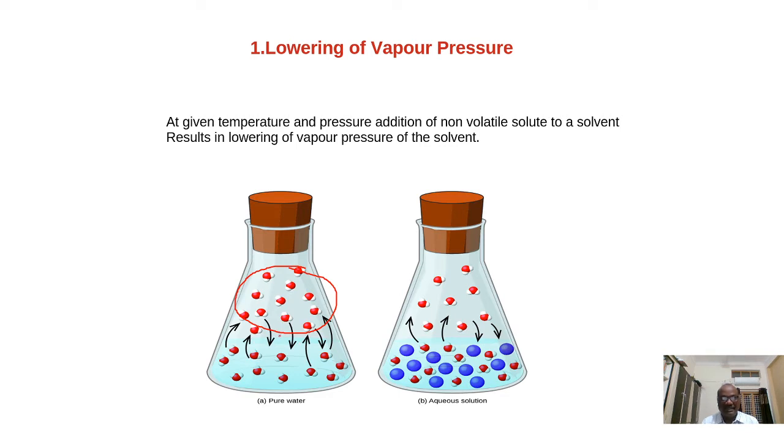What is the meaning of liquid-vapor equilibrium? It means the rate of evaporation becomes equal to the rate of condensation. That state is called liquid-vapor equilibrium. At that state, the pressure exerted by the vapor of a liquid on the surface of the liquid is called vapor pressure.